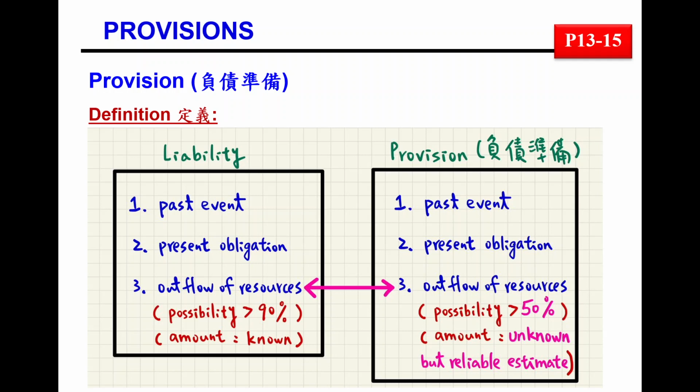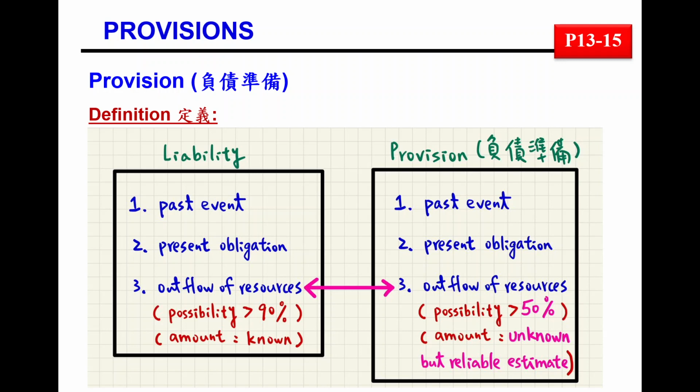What's the difference? Uncertainty. Uncertainty about what? Timing and the amount, right? So even though it's still a past event, you did something that made you have obligations. But about the future, whether you have to do that or not, the possibility is lower.